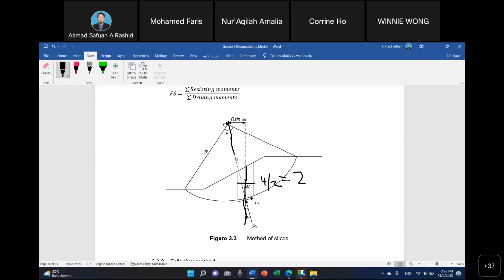So draw a line until it extends out from the soil surface. Then use the protractor to determine the angle alpha.